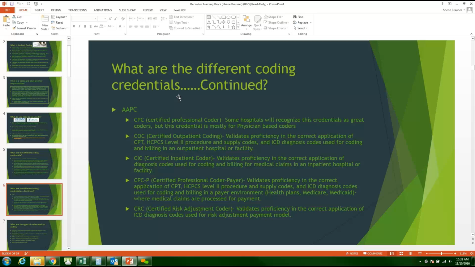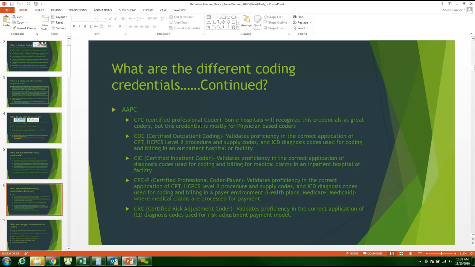COC, Certified Outpatient Coder, validates proficiency in the correct application of CPT, HCPCS Level 2 procedure and supply codes, and ICD-10 diagnosis codes used for coding and billing in an outpatient hospital setting. CIC, Certified Inpatient Coder, validates proficiency in the correct application of diagnosis codes used for coding and billing for medical claims in an inpatient hospital or facility.